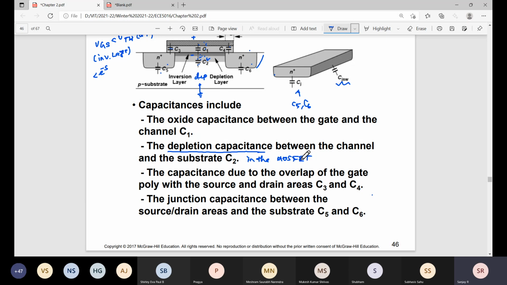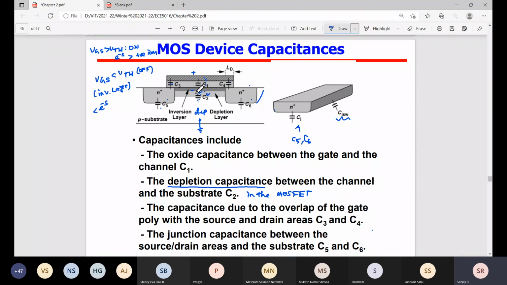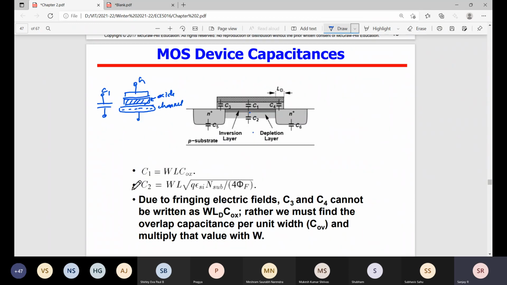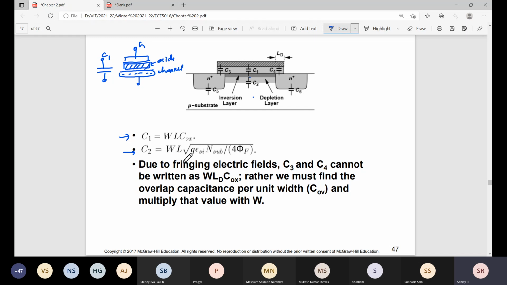PN junction depletion capacitance is different. MOSFET channel depletion capacitance is different, because the MOSFET depletion capacitance is formed by the channel and the substrate. So for that formula, please refer to your STC course. So that is the C1, C2 formula.